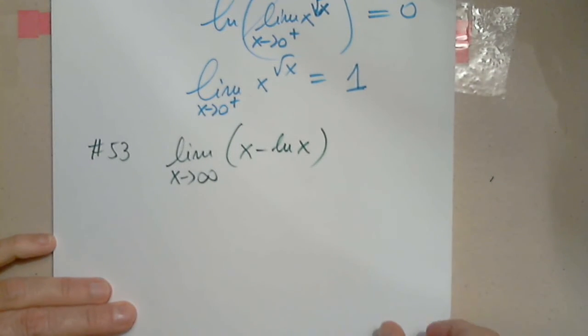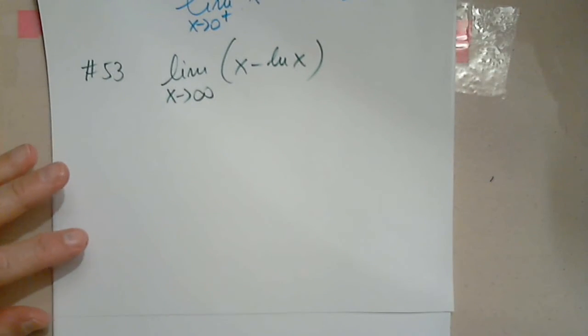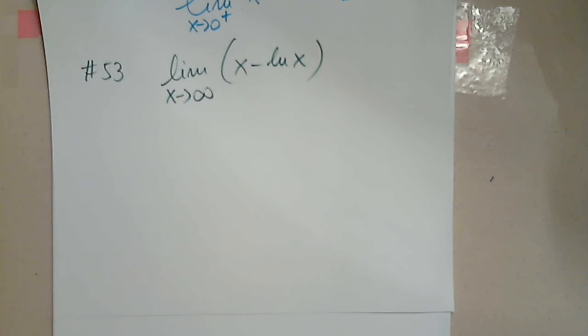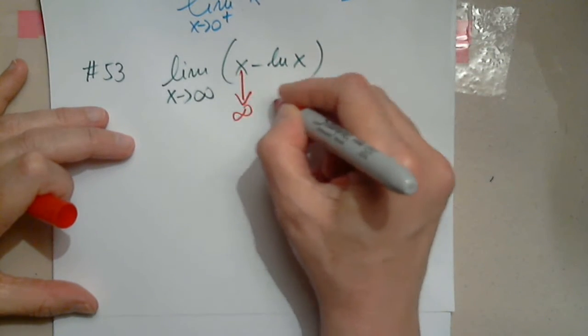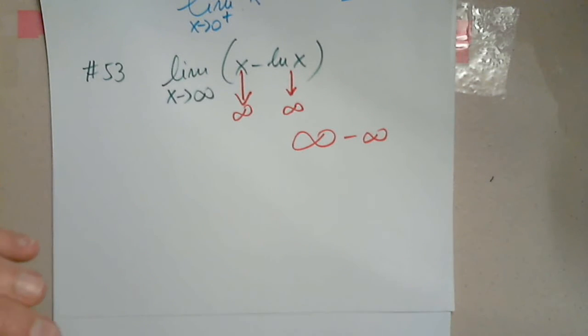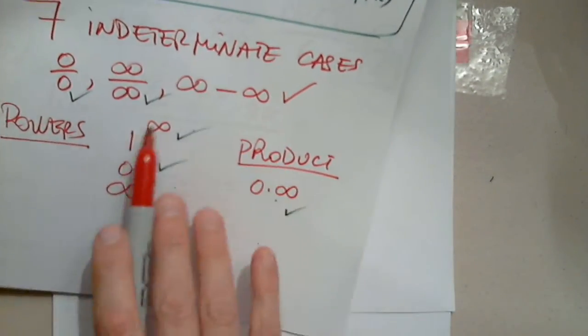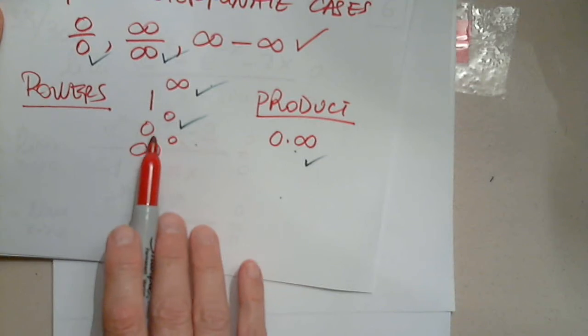And you can say, how come? And I'll say, here's why. Obviously, when x approaches infinity, this is infinity. And when x approaches infinity, this is infinity. So this is our case. We encountered everything except this one, not yet.